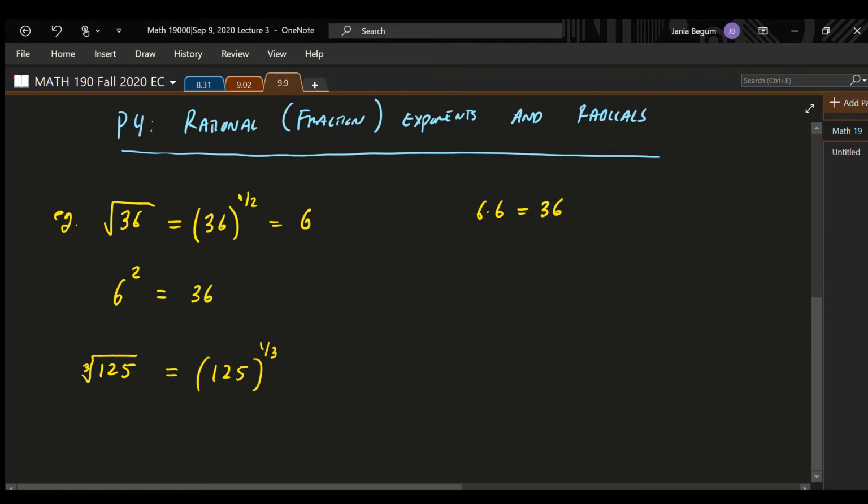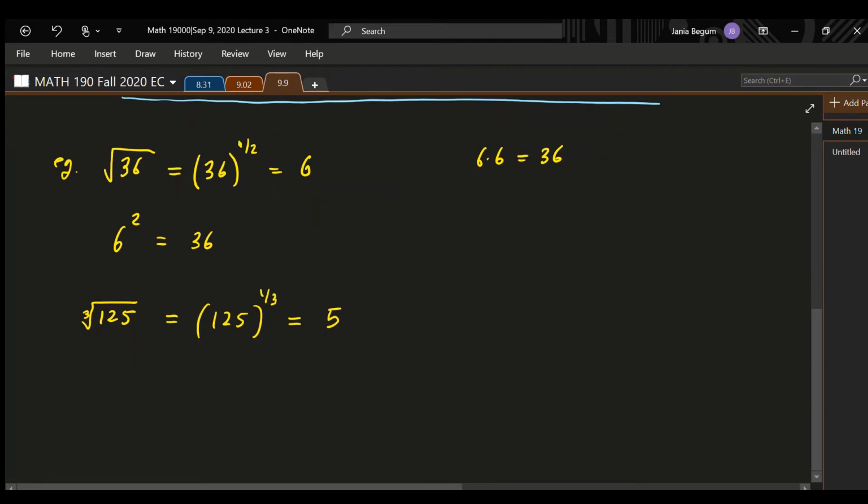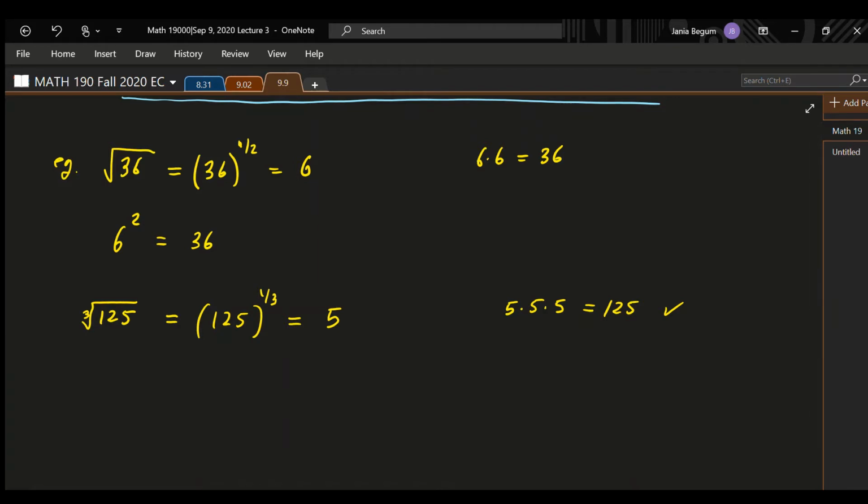So now we ask ourselves, what number multiply itself 3 times to give us 125? What do you guys think? 5, right? Now let's check. So if I do 5 times 5 times 5, right? Voila, 125. Right? Check.